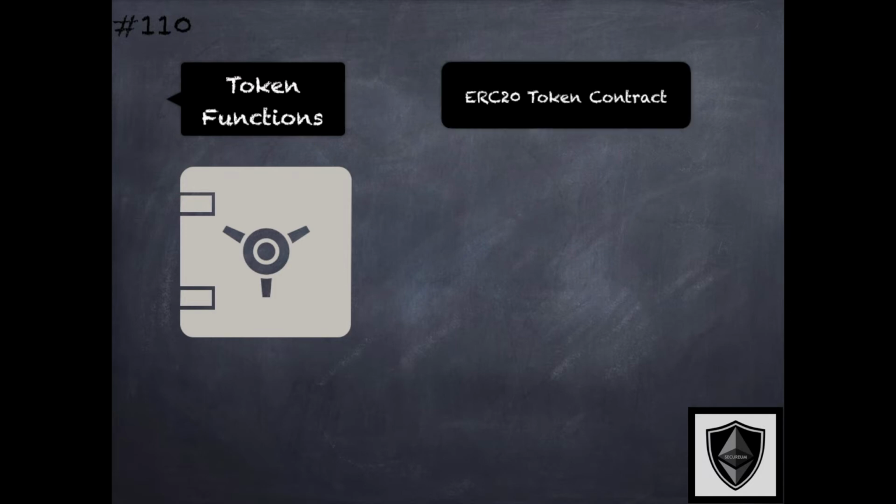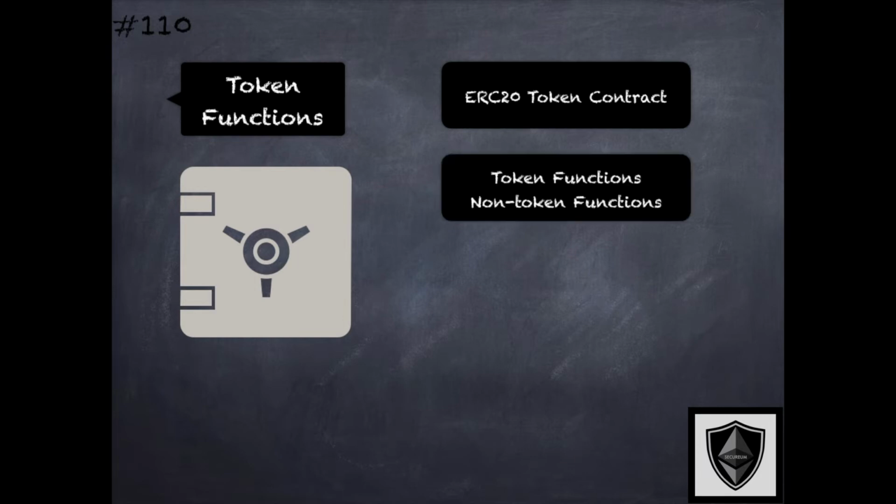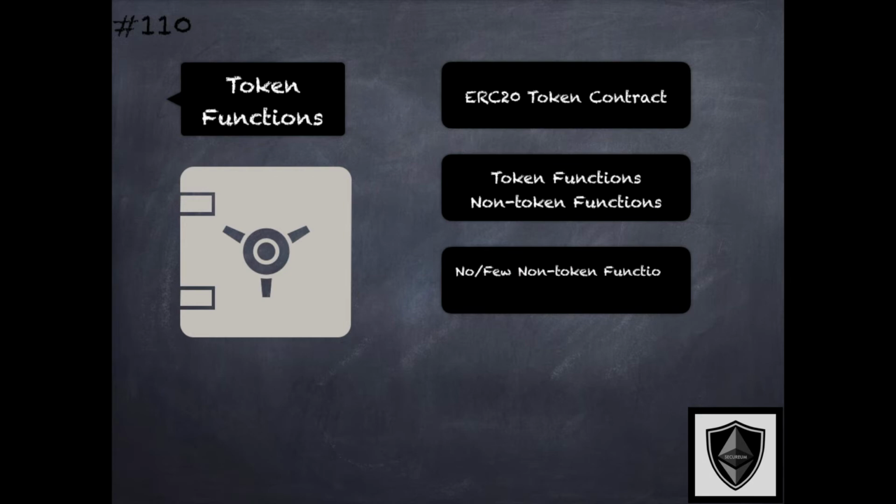And in this case, what we mean is that ERC20 contracts should only or mostly have functions that are relevant to ERC20 tokens. They should not include any non-token related functions in that contract, because that could introduce additional complexity, and like we just discussed, complexity is detrimental to security because it could introduce bugs.